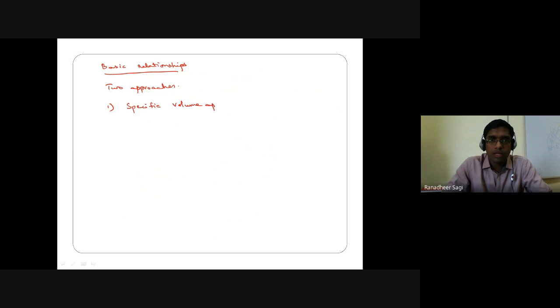Okay, so those basic relationships, the different basic relationships between different physical parameters with regard to a soil, can be derived based on two approaches. One is what is called the specific volume approach, and the other one is what is called the unit volume approach.